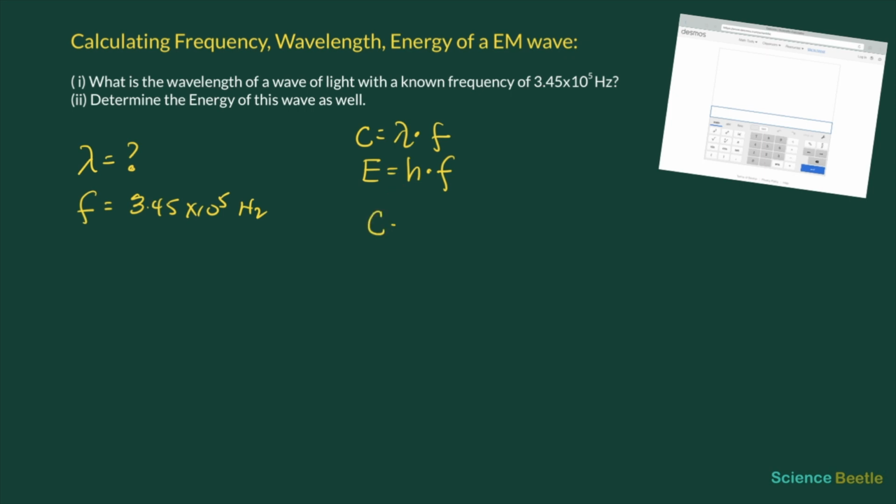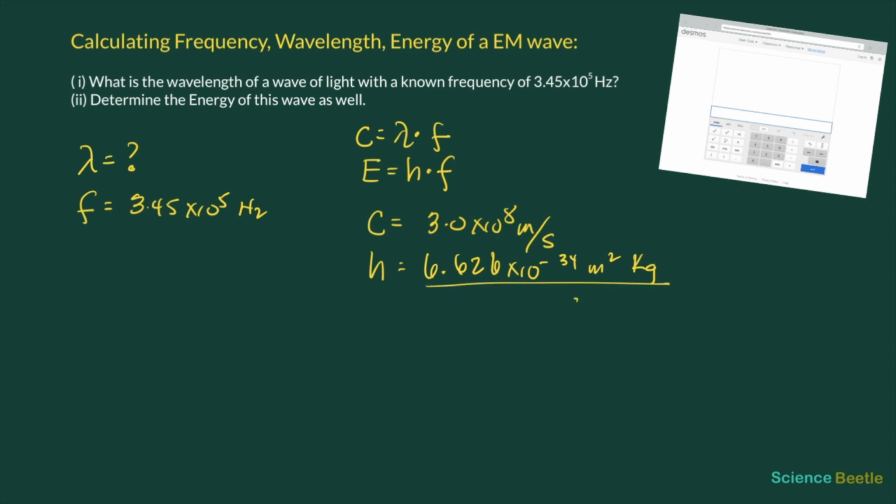For c, it's a constant, and that is 3.0 times 10 to the 8 meters per second. And h is 6.626 times 10 to the negative 34. The units here are meters squared kilograms in the numerator, per second. So those are the units that we've got.